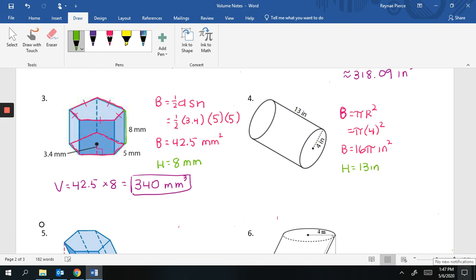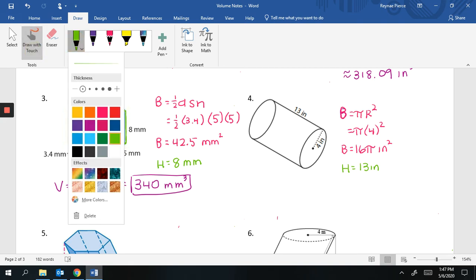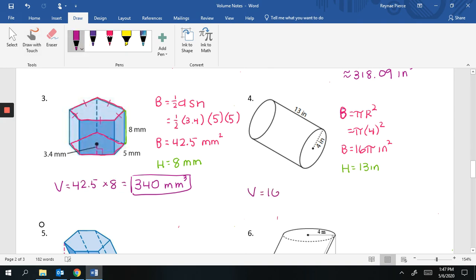Those two circular bases are 13 inches apart. And to find the volume, we take the area of the base that we found to be 16 pi times 13. So the exact answer would be 208 pi inches cubed.